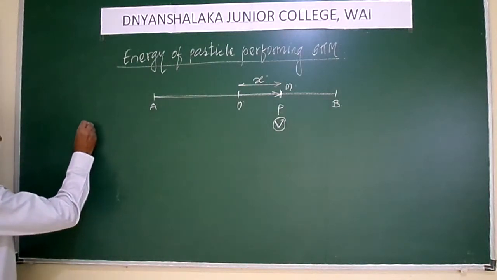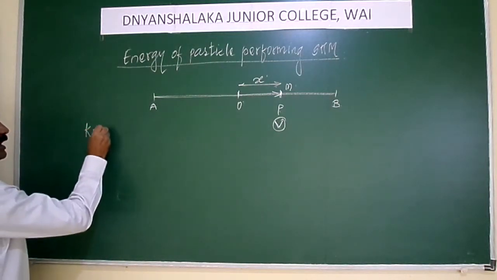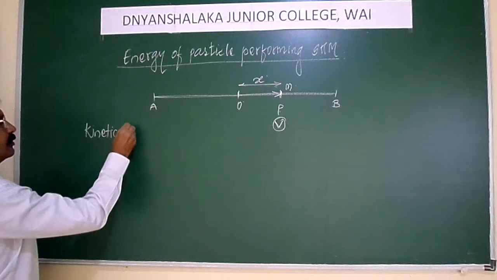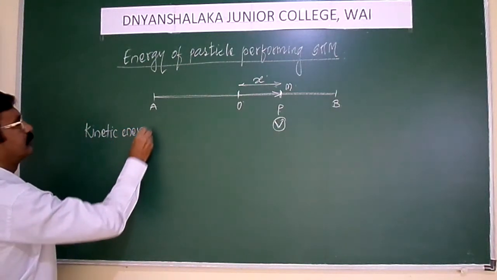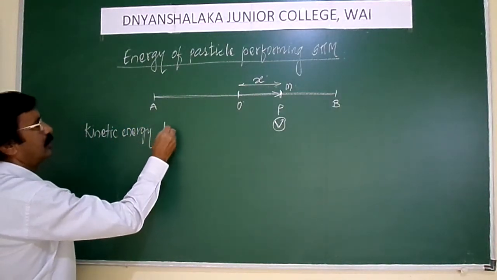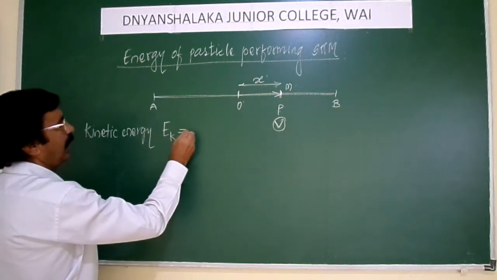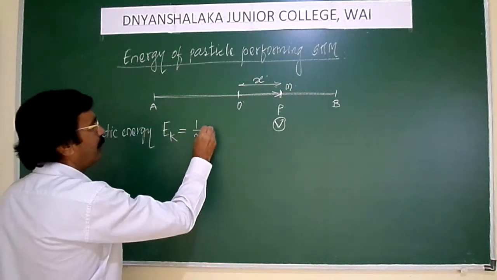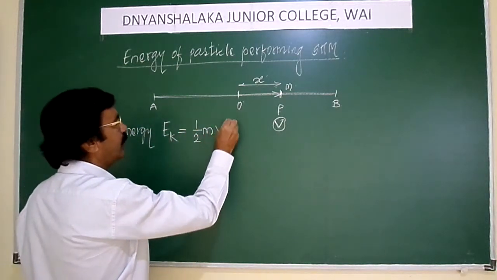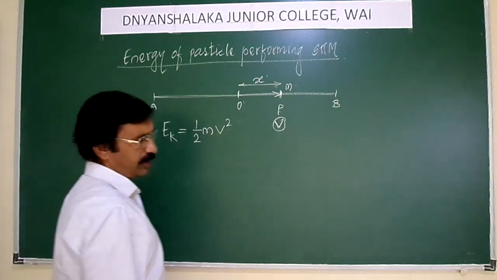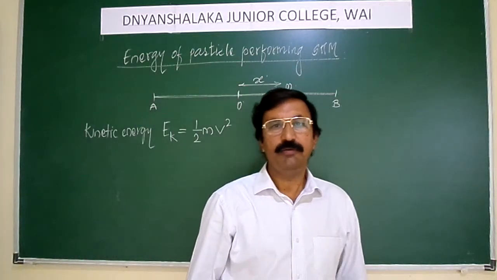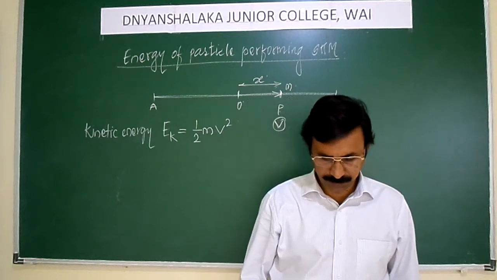And so here we get the expression for kinetic energy as 1/2 mass of the particle into the square of the linear velocity, 1/2 mv square.